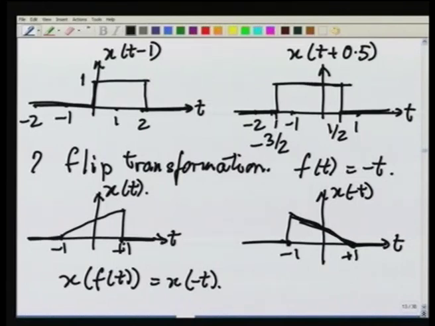We observe that the flip operation is a mirror reflection about the vertical axis.